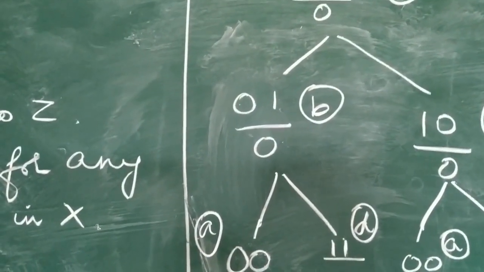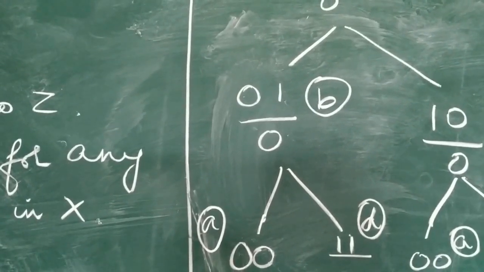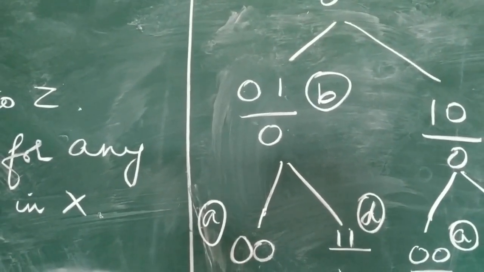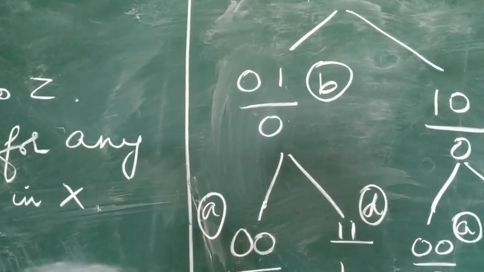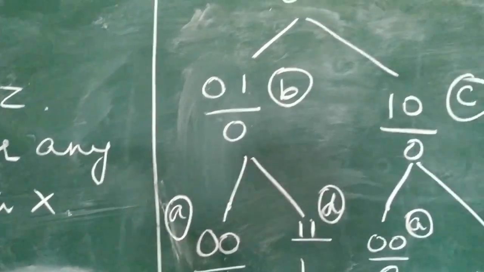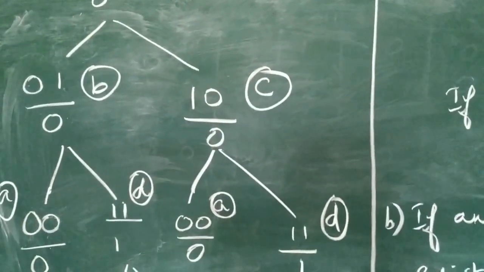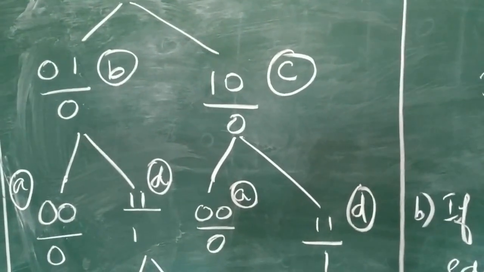So when y is 1, z is equal to x. What is x? It is 0. So you write it in the denominator 0. Now you know for a value of x equal to 0, y is equal to 1. What is the value of output z? It is 0.